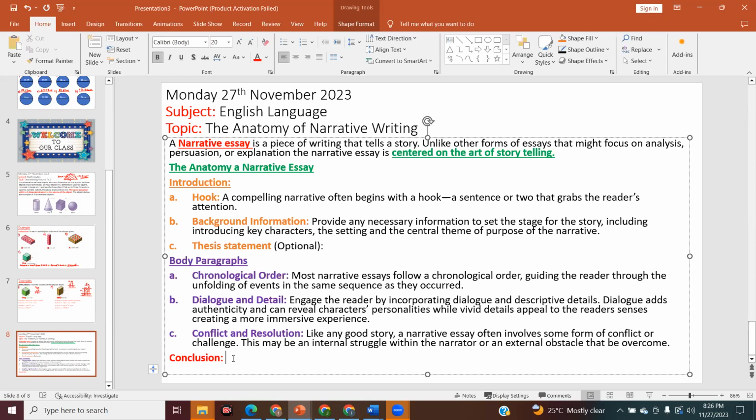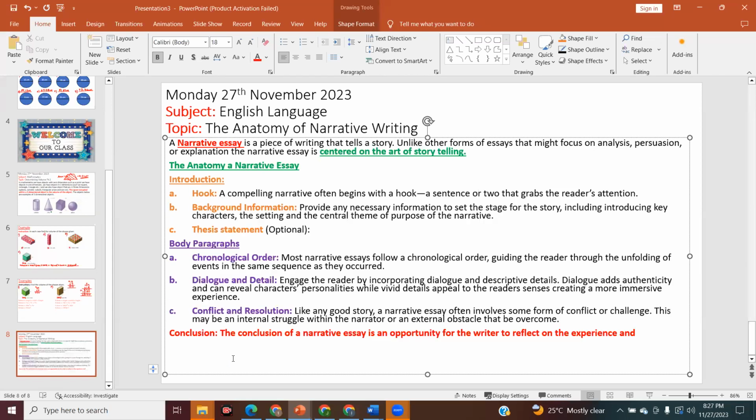But when you are doing your conclusion, the conclusion of a narrative essay is an opportunity for the writer to reflect on the experience and its significance.